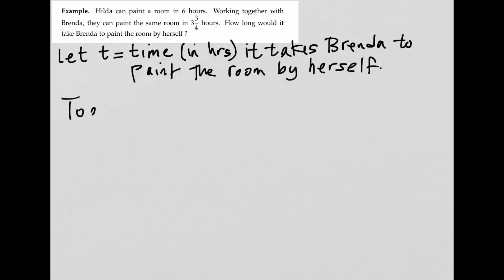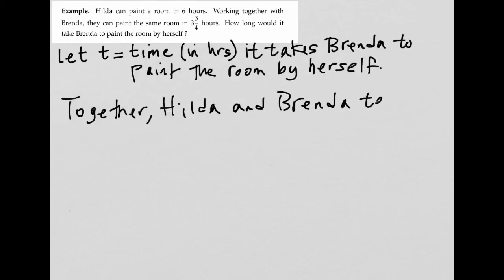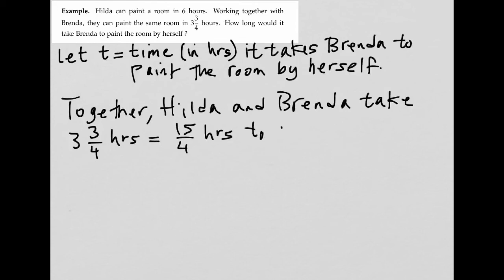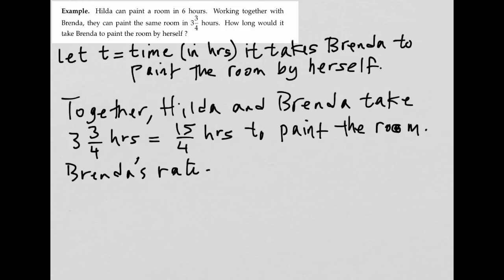So together, Hilda and Brenda take 3 3/4 of an hour, which is the same as 15/4 hours, to paint the room. Now, Brenda's rate is 1/t job per hour.